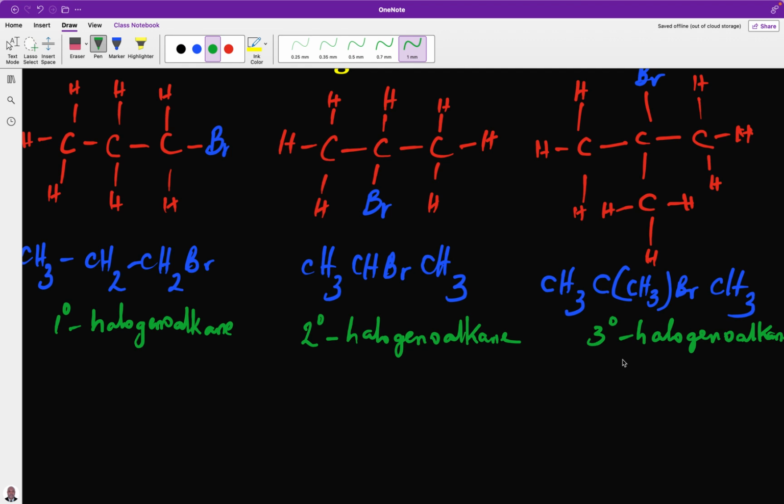Because they are nucleophiles, they are nucleus loving. They like moving towards electron deficient centers, towards positively charged species.